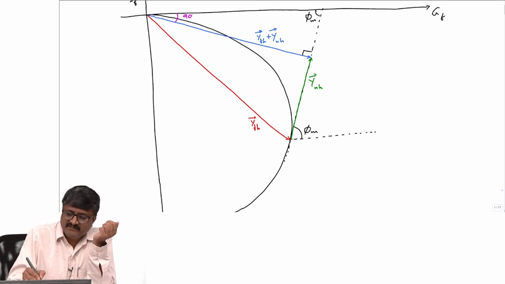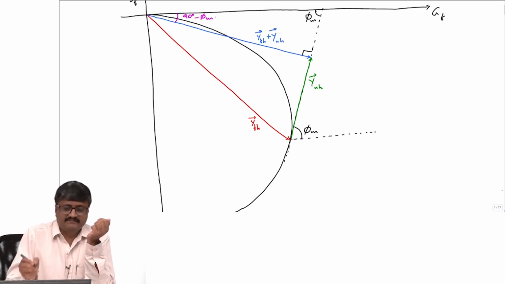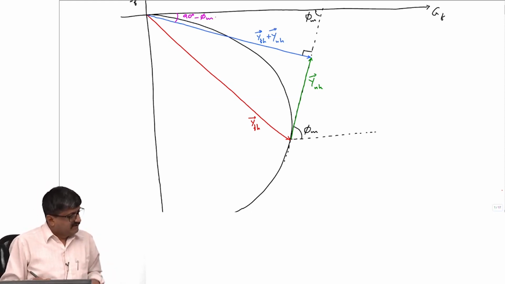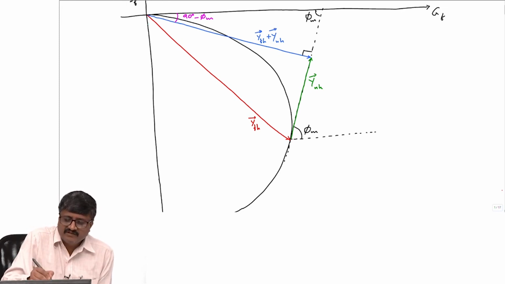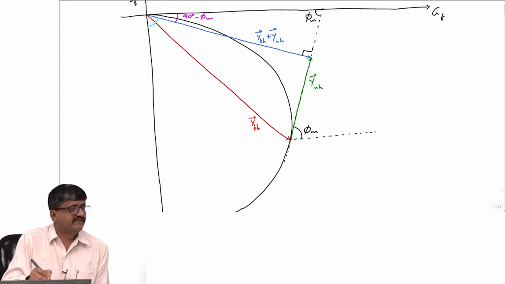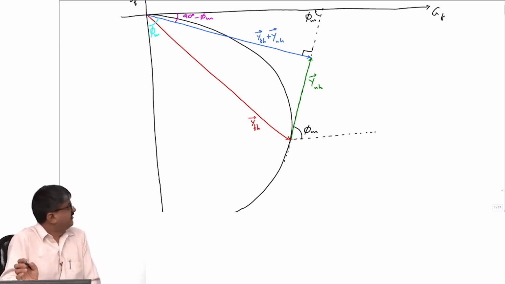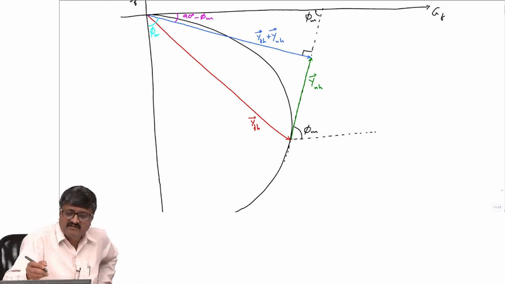So, 90 degrees minus phi. So, from that I get other, suppose I take this angle phi m.